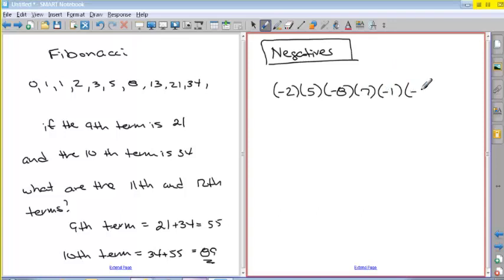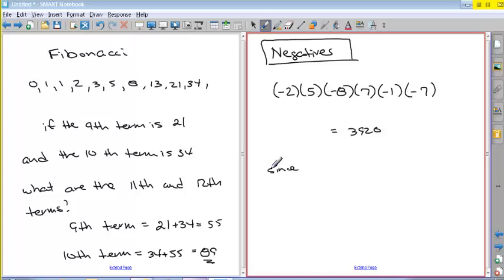And so if I said, what's the answer to that? What you would do is you multiply all the numbers, 2 times 5 times 8 times 7 times 1 times 7, and that would give you 3,920. And then you would just count the number of negative signs you have. 1, 2, 3, 4.